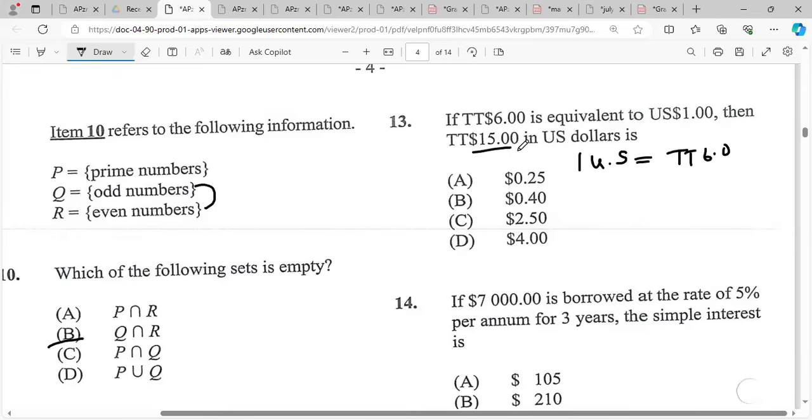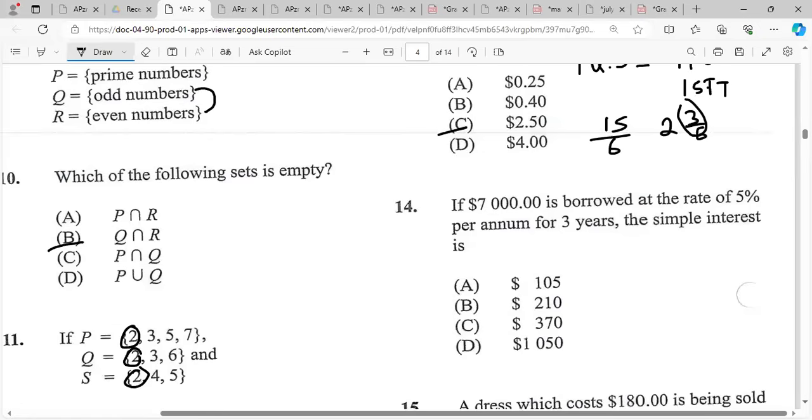And then they say no, but you have 15 TT in US. So all we have to do is just divide 15 by 6. 6 twos is 12. 12 and then 3 over 6. Yeah, $2.50.